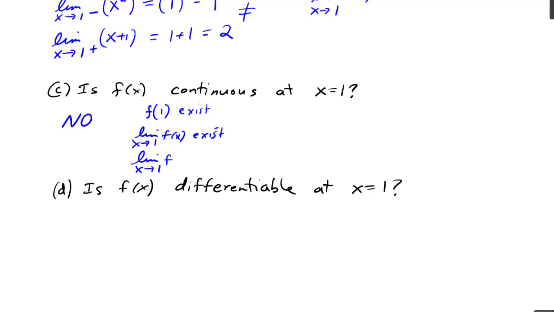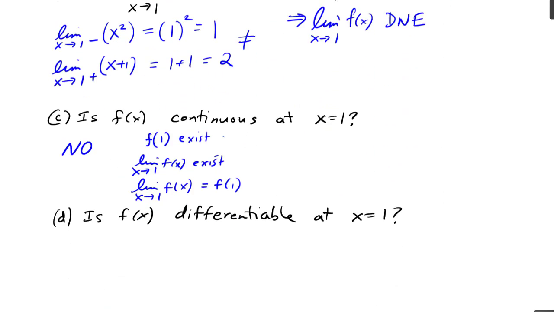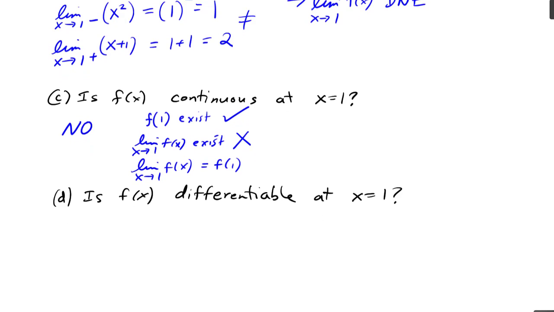And then we'd need the limit as x approaches 1 of f of x to equal that f of 1. Okay, f of 1 does indeed exist because f of 1 would be in here, so f of 1 would be 2. So that's true. The limit does not exist, so we're already out.